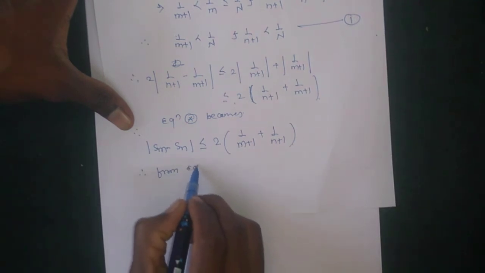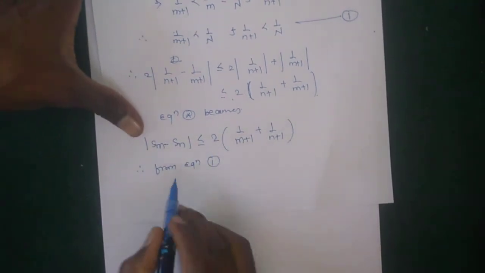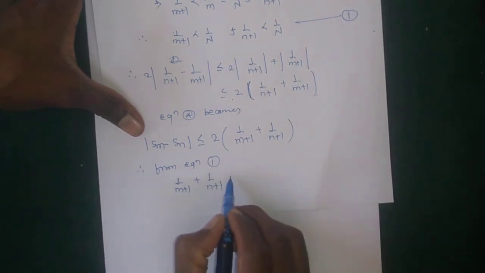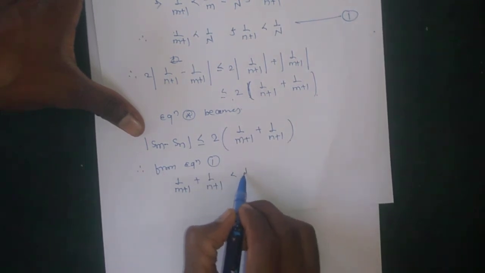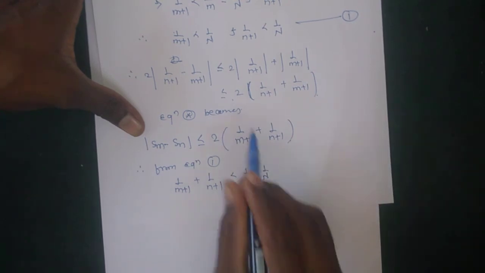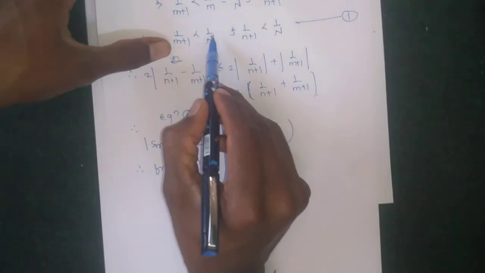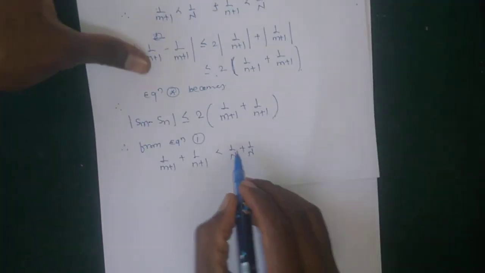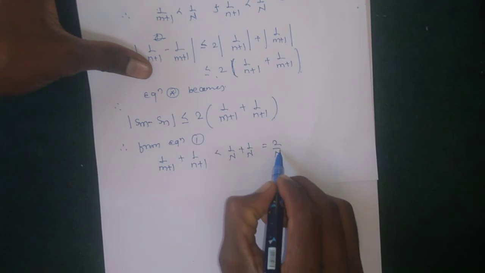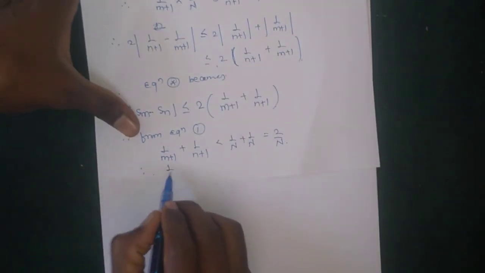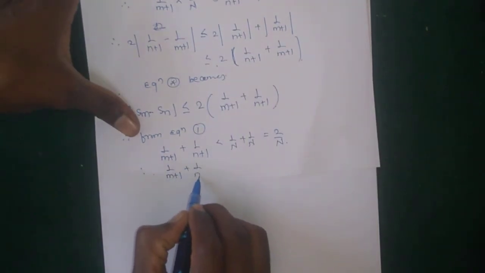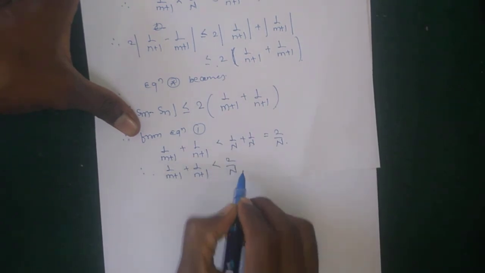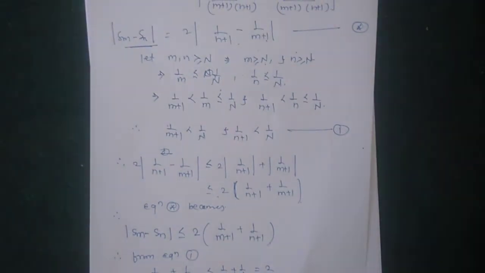From equation 1, the value 1 upon m+1 plus 1 upon n+1 must be strictly less than 1 upon N plus 1 upon N, because 1 upon m+1 is less than 1 upon N and 1 upon n+1 is less than 1 upon N. So this is equal to 2 upon N, and therefore 1 upon m+1 plus 1 upon n+1 is strictly less than 2 upon N.